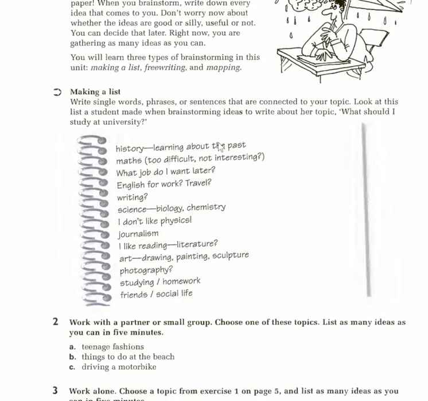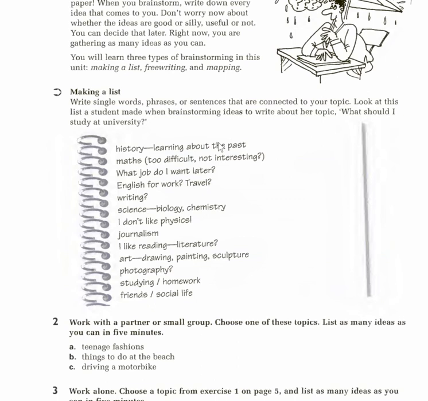Making a list means you make a list of the ideas that come to your brain. When you think of your topic, of course you will get many ideas, and these ideas can be arranged through making a list.